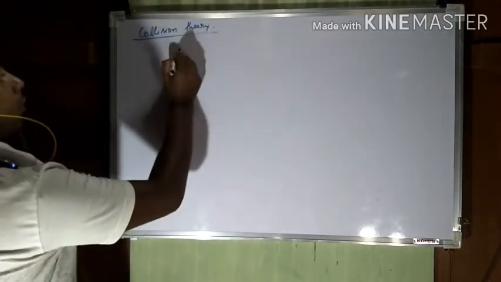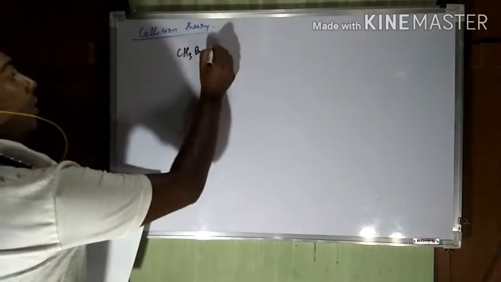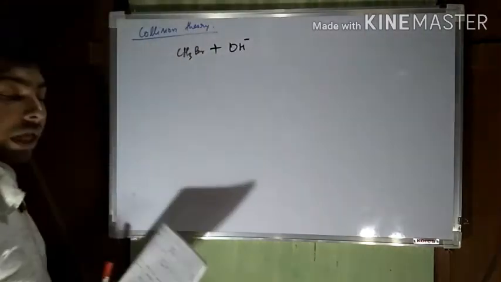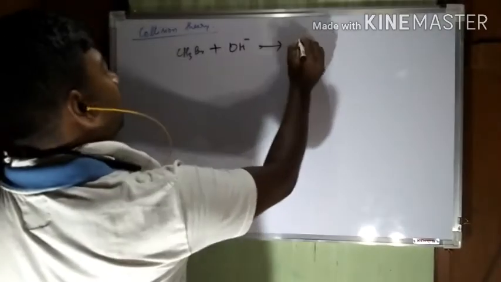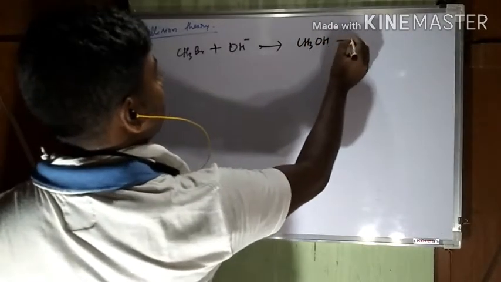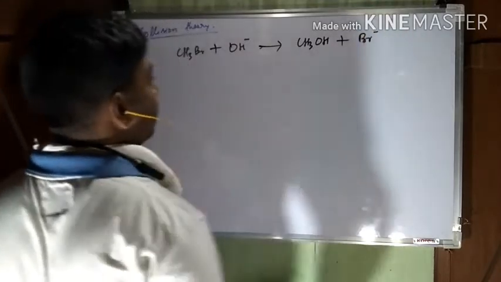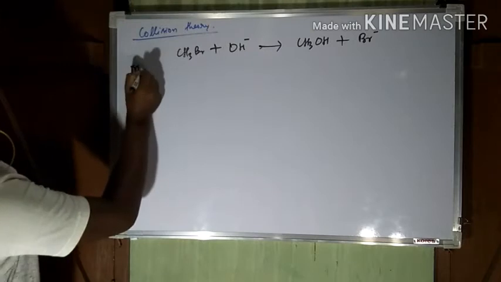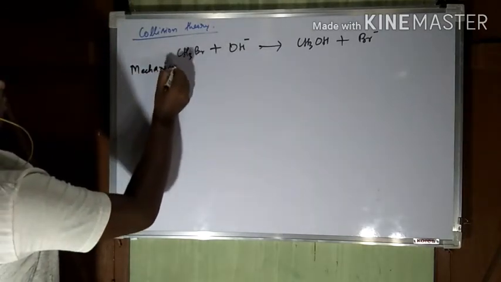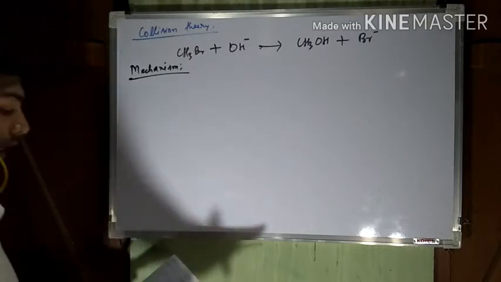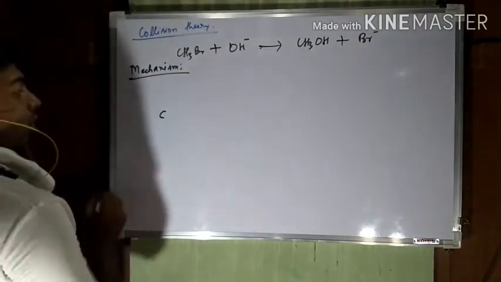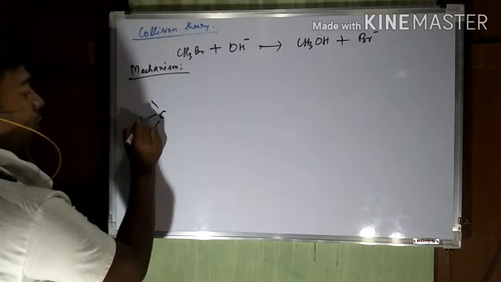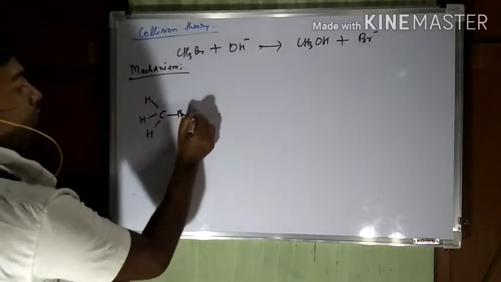Now let us take an example. Let us take a reaction where methyl bromide, CH3Br, reacts with hydroxide ion OH negative and produces CH3OH methanol plus bromide ion. Now what is the mechanism? Suppose this one carbon, these three are hydrogen, and here is bromine.